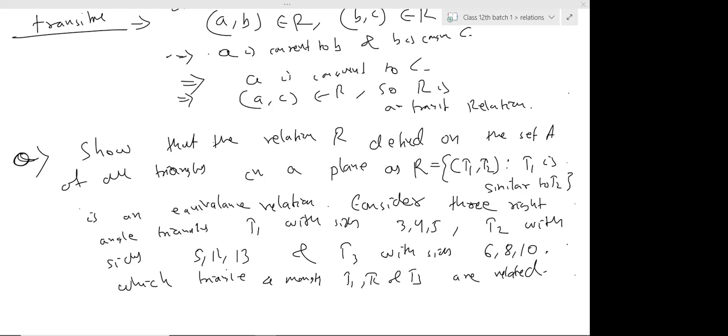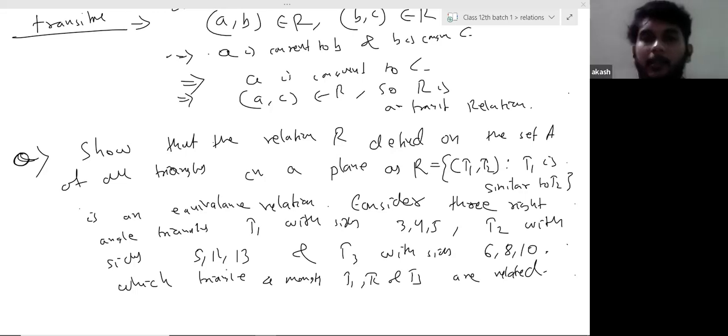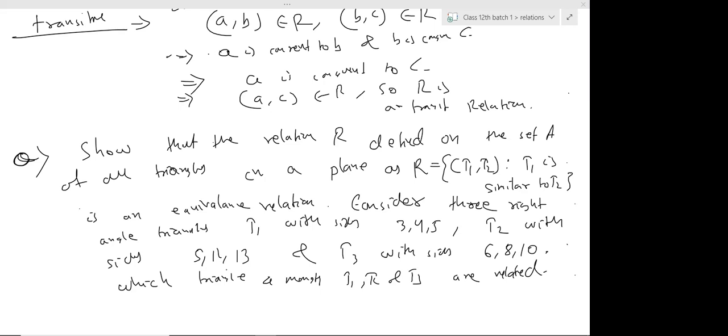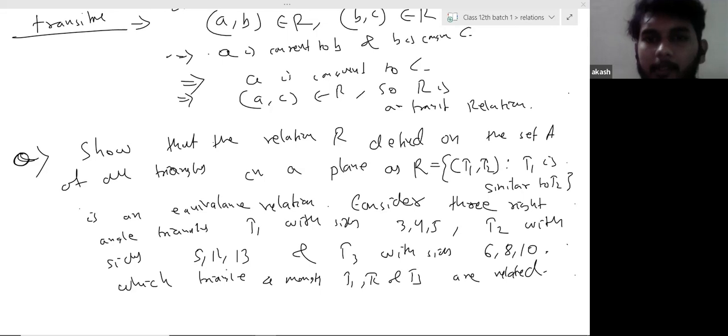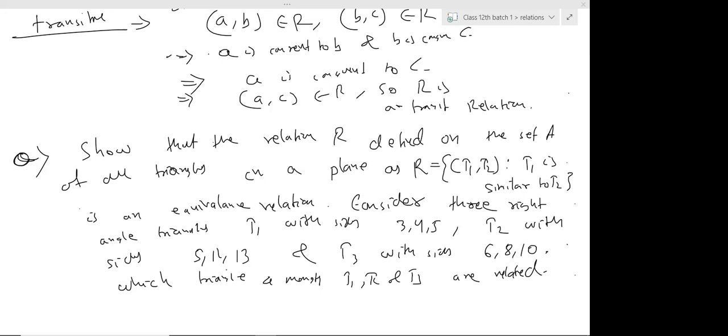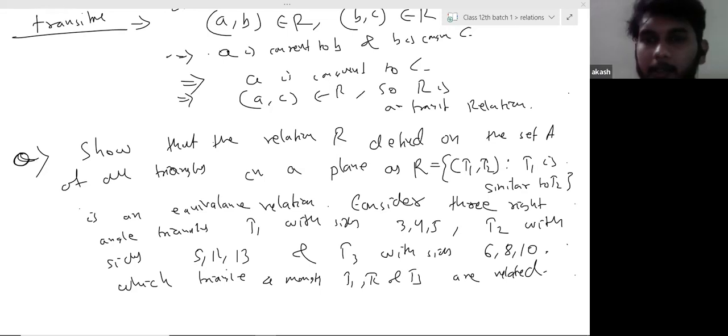Similar triangles have the same shape, but the ratio is different. Right, or you can just say the ratio of sides is the same, but the size is different. Absolutely right. So the question is clear, everyone.